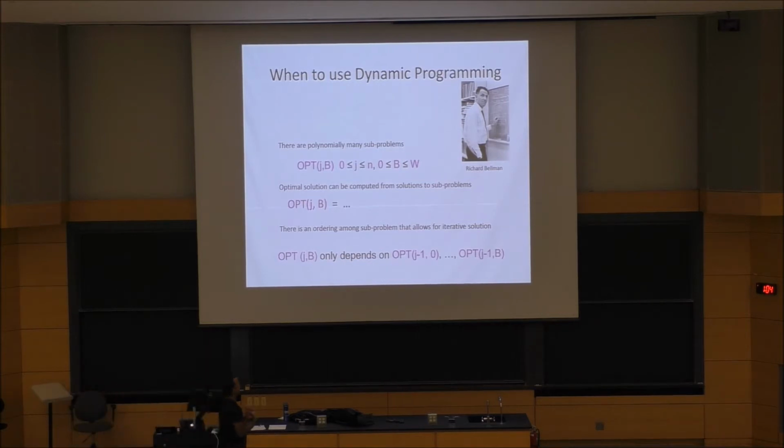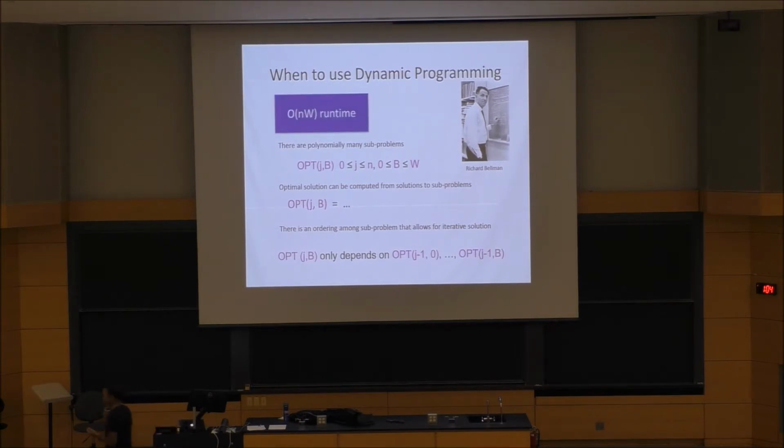And if you actually have to compute the actual subset of numbers or subset of jobs that you pick, then there's a simple recursive way to do it. So you start off from the opt n comma W value, and that's computed. If it's computed by a max, then you know whether n is in the solution or not. And depending on that, you kind of go back.